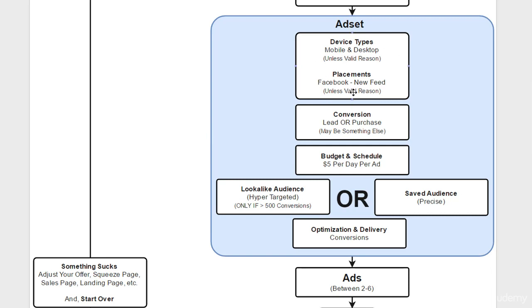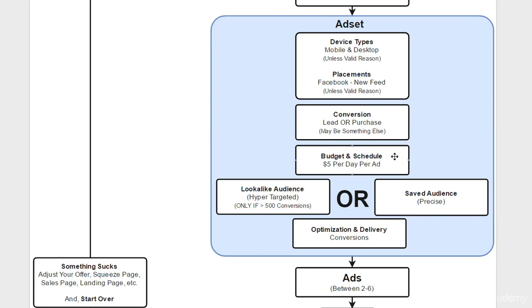But if you don't have a valid reason for selecting anything else, do Facebook and Newsfeeds. For conversion, you're going to select lead or purchase, depending on what your goal is. If you're trying to get leads, you're going to select lead. If you're trying to get purchases, you'll select purchase. And of course, it could be something else as well if you have a different conversion goal.